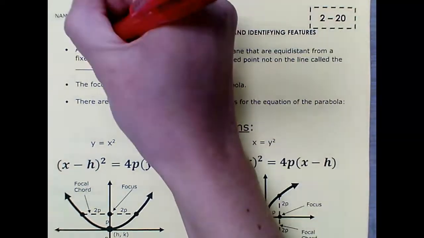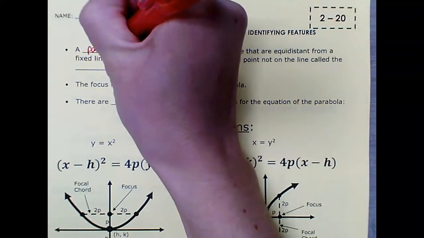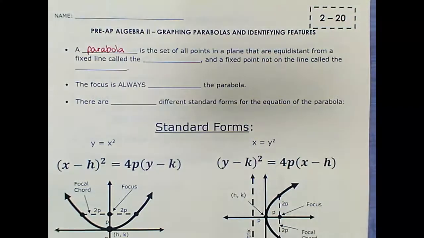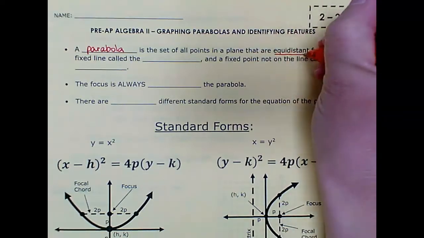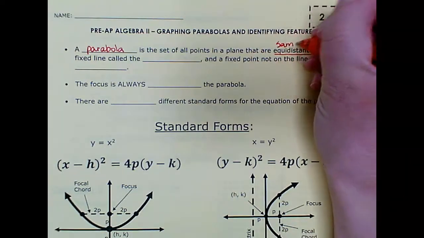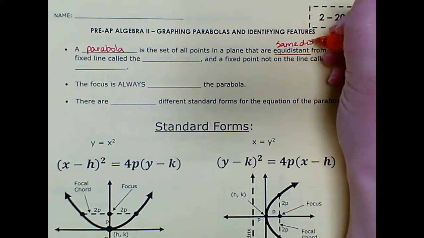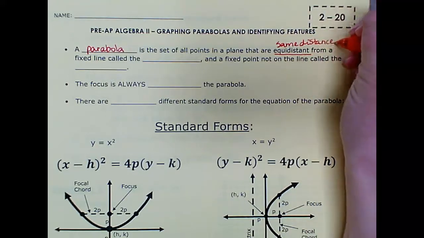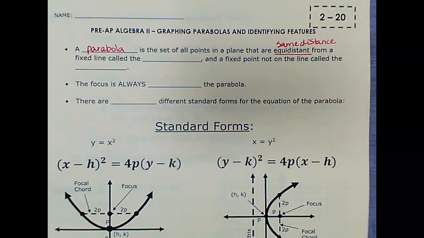A parabola is the set of all points in a plane, so just kind of like a surface, that are equidistant. Equidistant means equal or same distance. Very literal kind of breaking up of that word, equidistant.